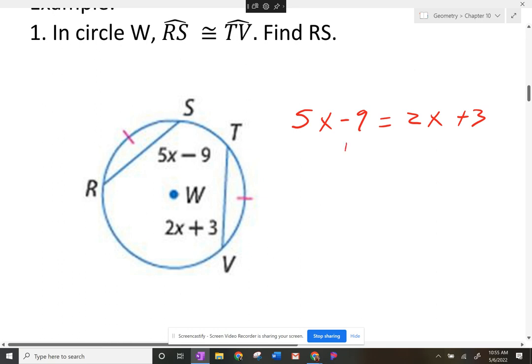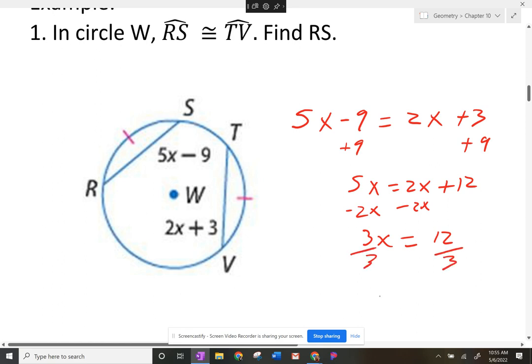We're just going to solve for x, so plus 9 to both sides. I got 5x equals 2x plus 12. Minus 2x to both sides, I get 3x equals 12. Divide both sides by 3, I get x equals 4. I'm not done yet because it's asking me, what is the length of RS?